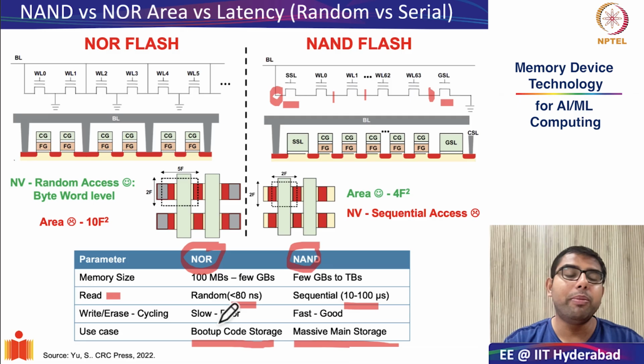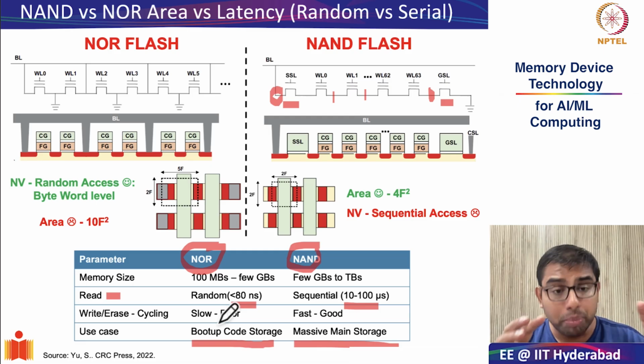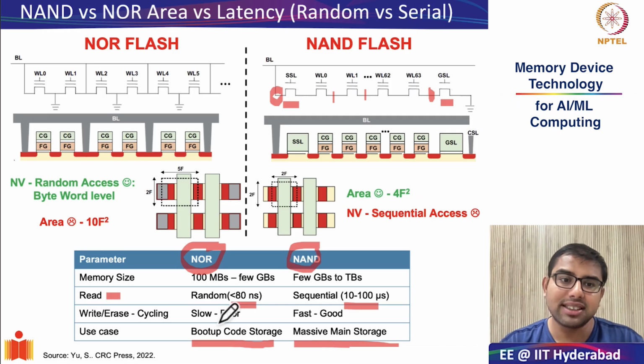This is primarily because from NOR flash you can very quickly access non-volatile data. Boot up code storage in NOR flash is necessary because when the system shuts down, some part of the code has to be restored, and when the boot up happens, it has to be retrieved very, very quickly.